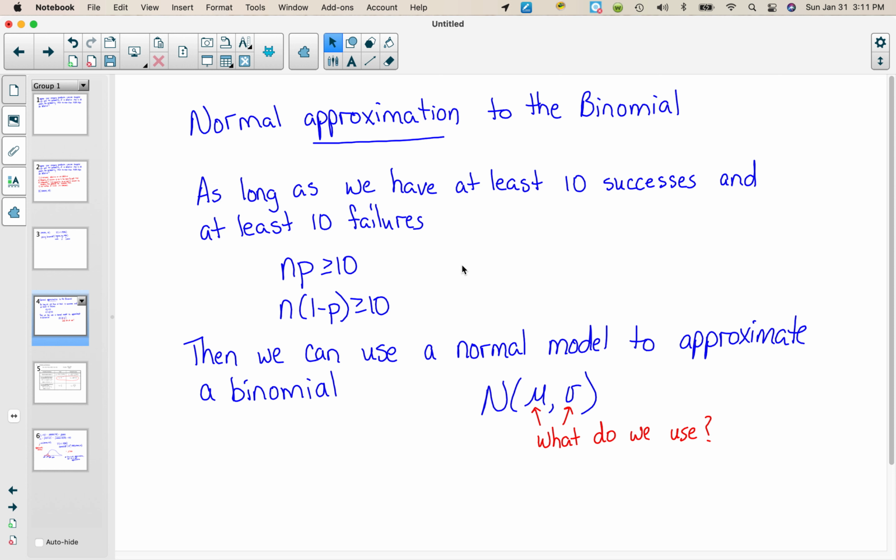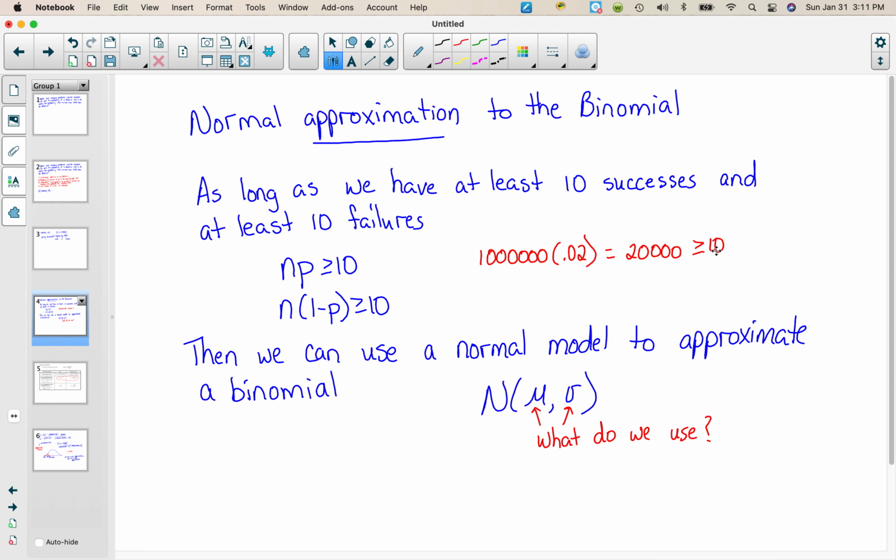If we take, for our problem, 1 million times 0.02, then we're going to get 20,000, which clearly is greater than or equal to 10.